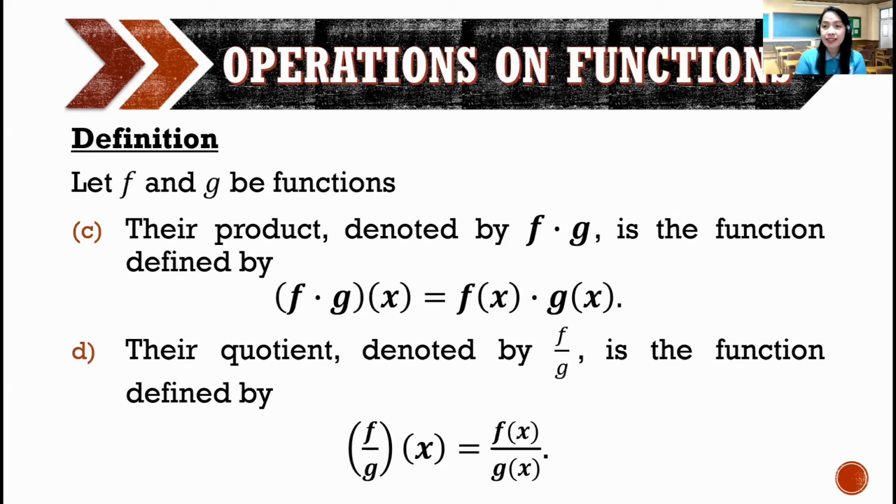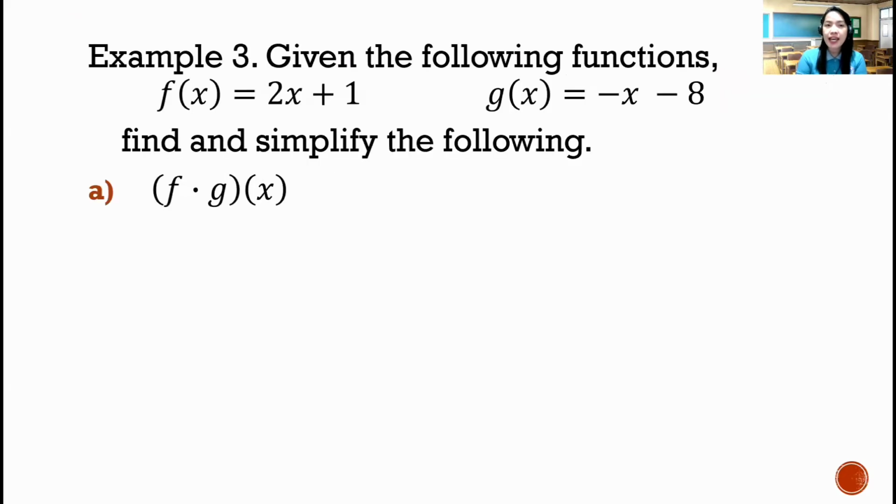We're going to apply these definitions to answer example number 3. Given the following functions, f of x equals 2x plus 1 and g of x equals negative x minus 8, we're going to find and simplify the following. In letter A, we have f times g of x.